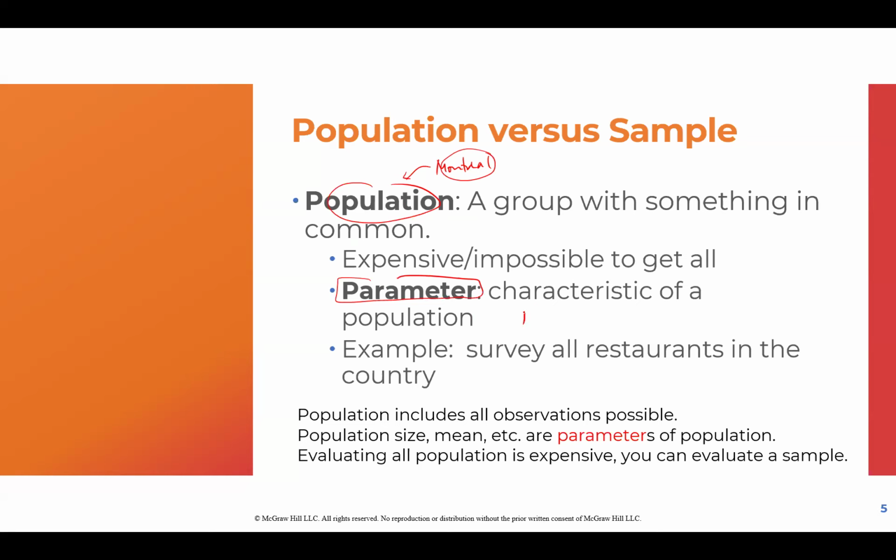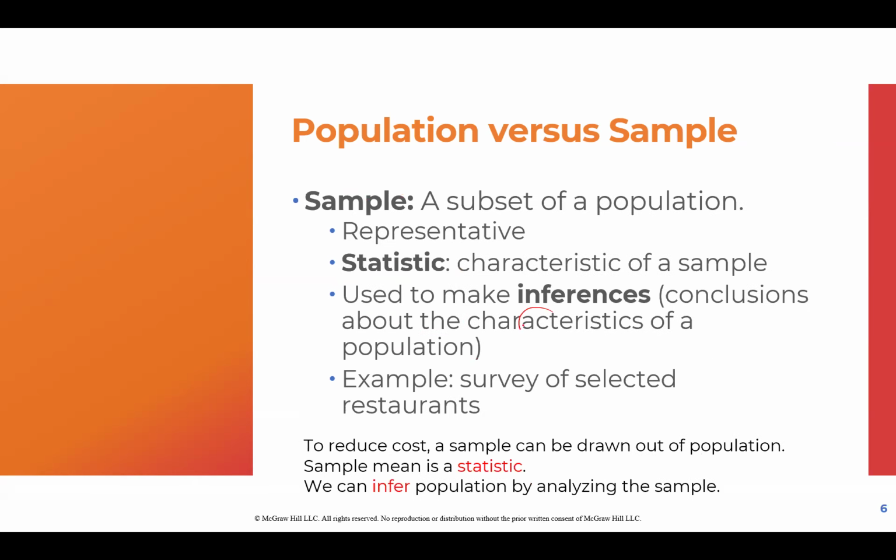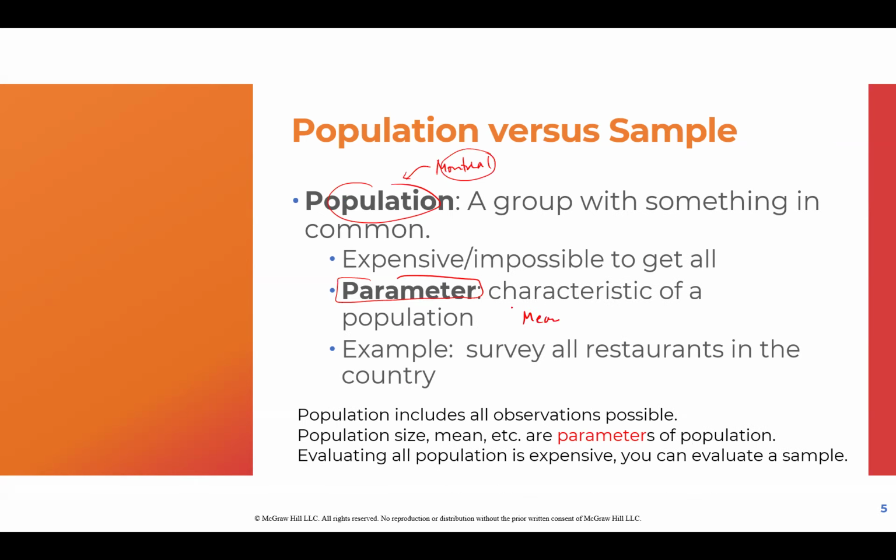Once you find out the mean value and the standard deviation from everybody in Montreal, all of that are also parameters of the population. So whenever you say population, the characteristics we talk about are called parameters. Whenever you talk about a sample, the characteristics of the data are called statistics.